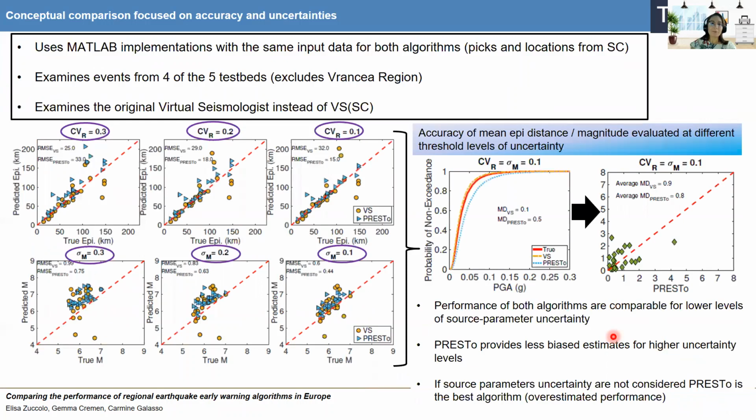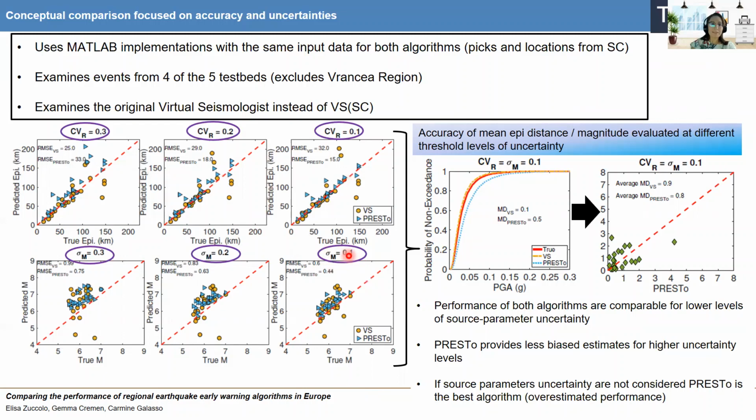In this case, we consider the original Virtual Seismologist algorithm and we use a MATLAB implementation of the algorithms in order to allow using exactly the same input data for both algorithms. We used almost the same data of the previous set of analyses. We examined the accuracy of source parameter estimates from both algorithms for different levels of uncertainties. We used 3 different levels for the coefficient of variation in case of location and 3 different levels of standard deviation in case of magnitude.